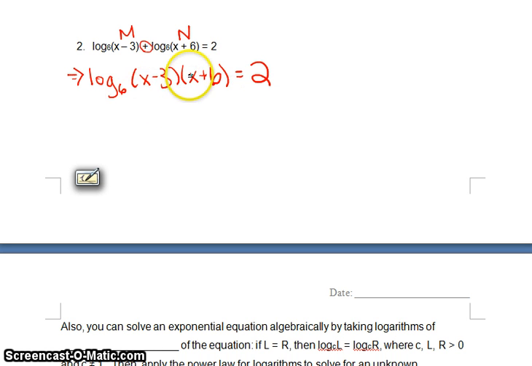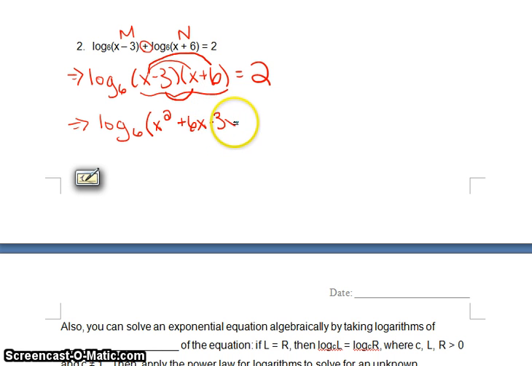From there, what we can do is simplify these two brackets. So what we'll have there is log of base 6, then we'll FOIL, so you do x squared, we'll put this in brackets, then you'll do x times 6, so it'll be plus 6x, you'll do negative 3 times x, negative 3x, and negative 3 times 6 is negative 18.